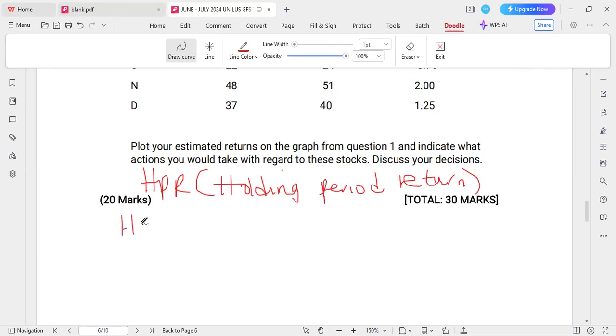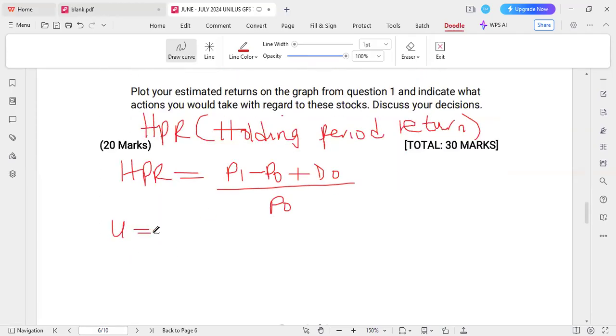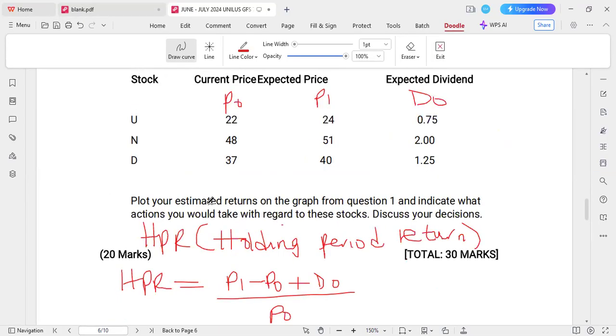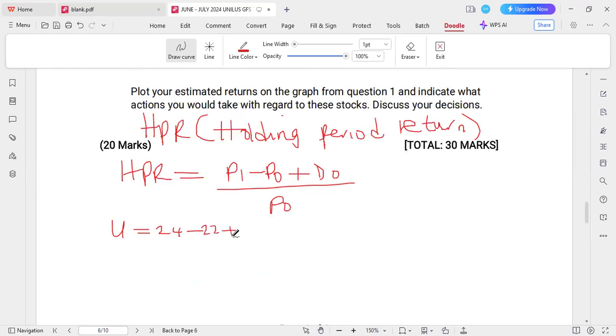So the formula for holding period return is equal to P1 minus P0 plus D0 over P0. So getting down to the first one, the P1 is 24 minus the P0 is 22 plus the dividend, which is 0.75, over 22. You can get the value for this one.